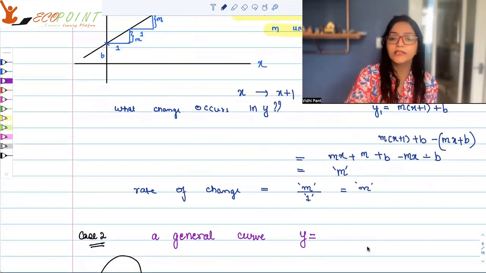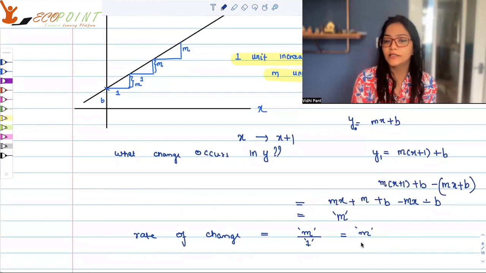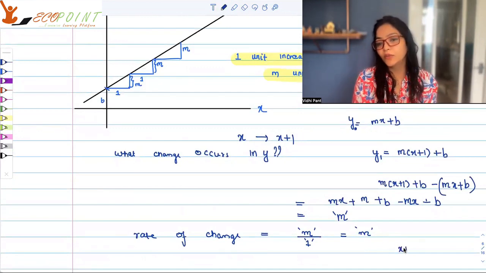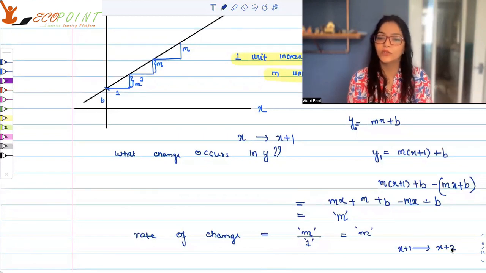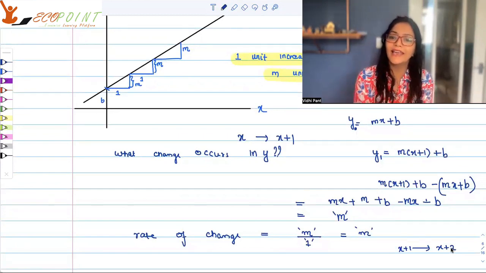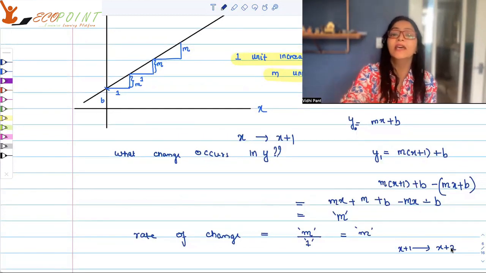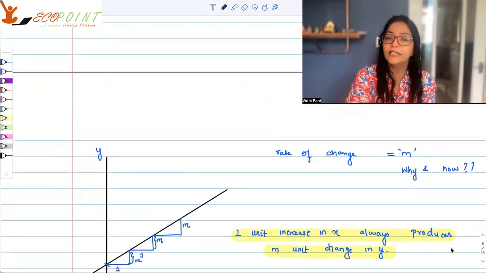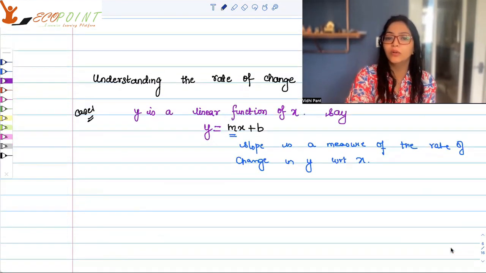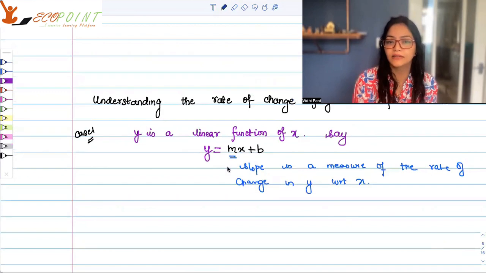In the next process, if you would want to take the case where x plus 1, now you add another 1 to it and it turns into x plus 2, you would notice again the same thing is happening. And that's why when you have a linear function, you will always have a fixed rate of change.